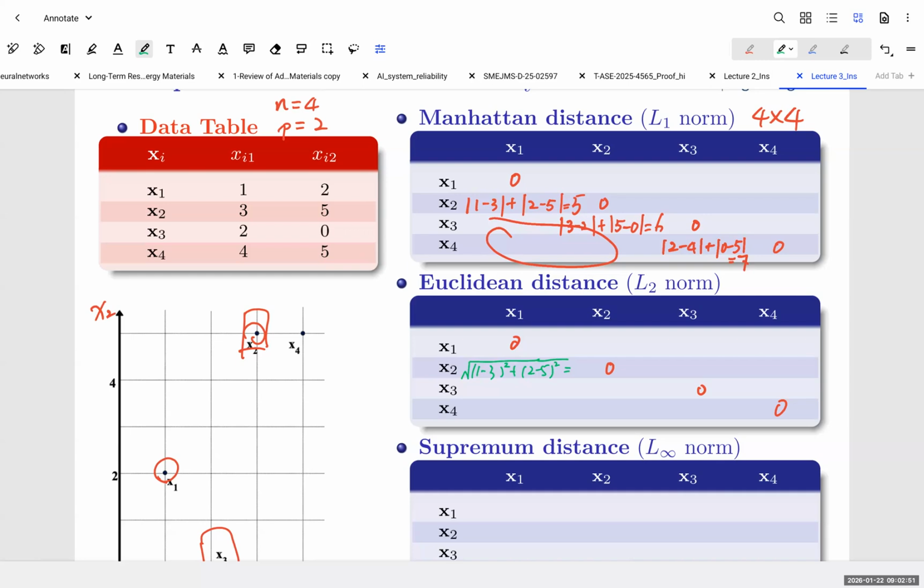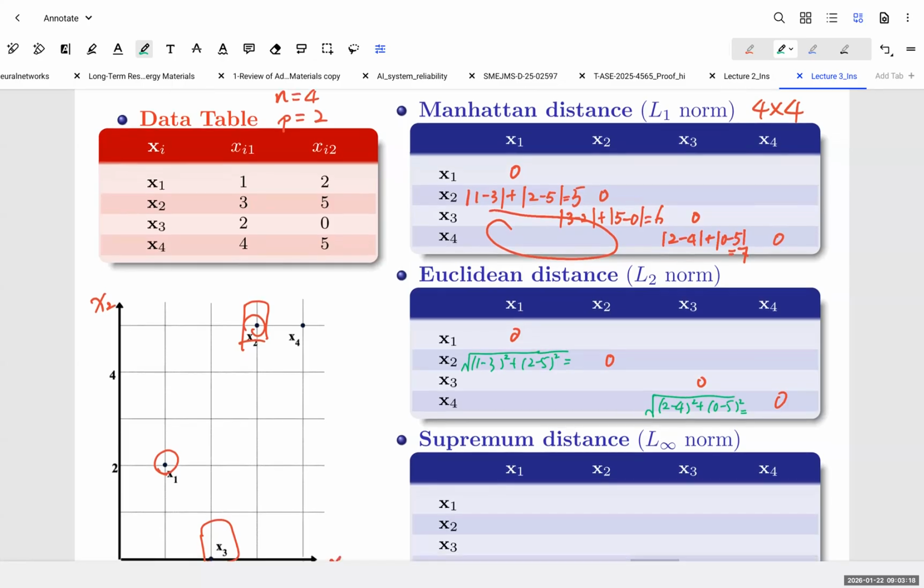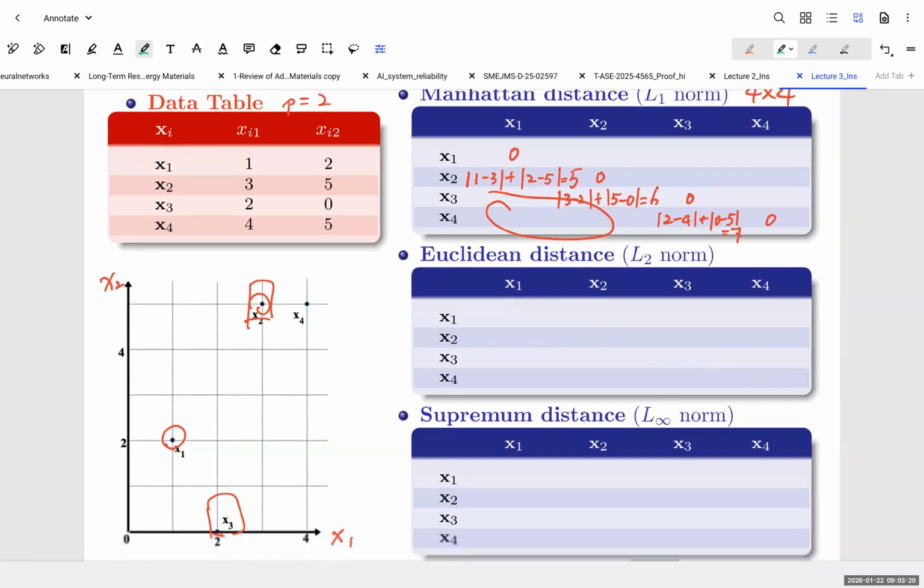X3 and 4, that is 2 minus 4 square plus 0 minus 5 square. And you can calculate the result. Okay, they're not difficult. Visually, we can see their difference.